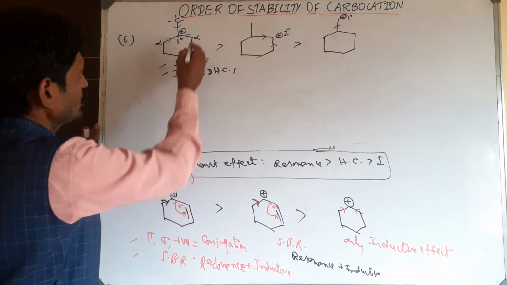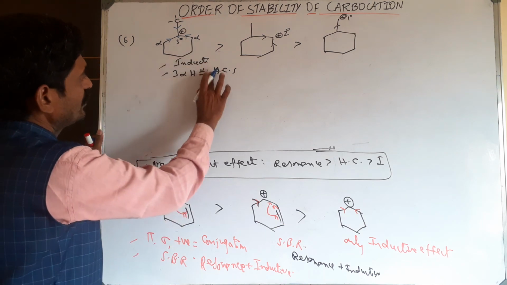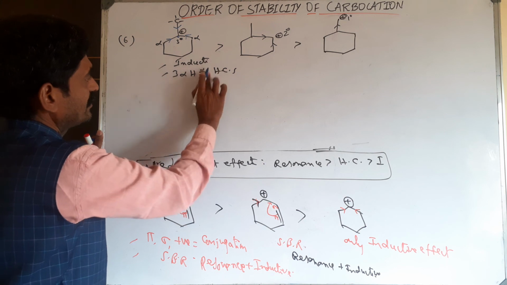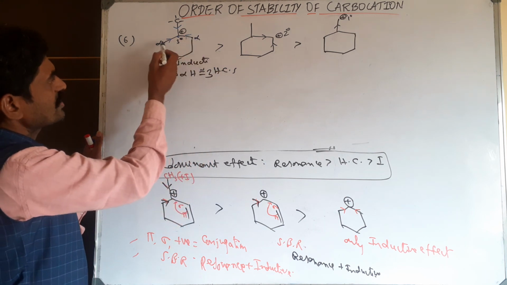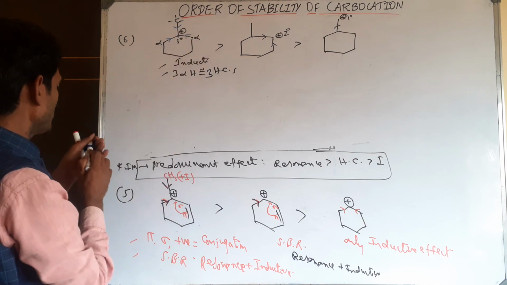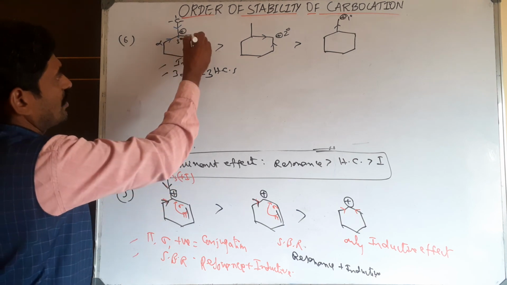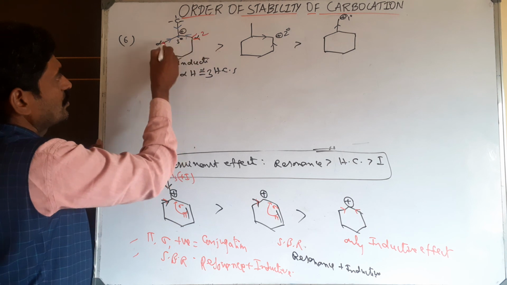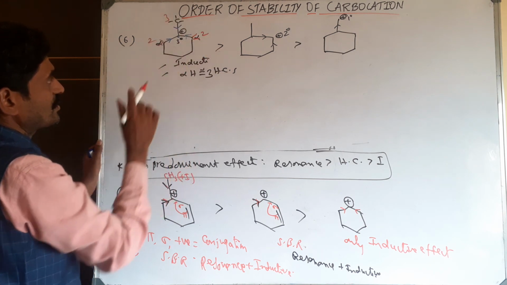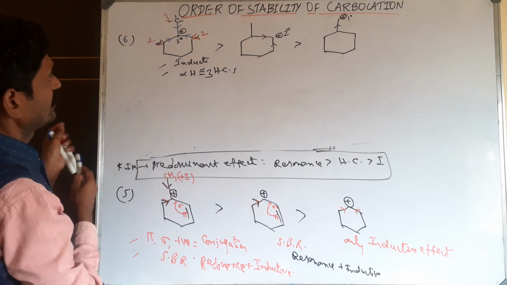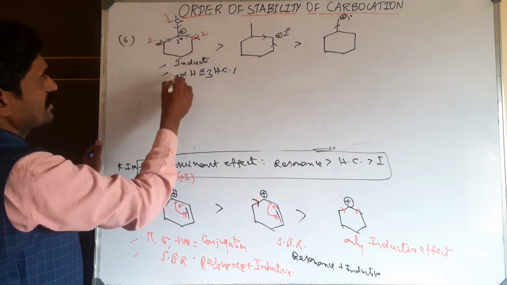Then come here. In this one, hyperconjugation, we will get 3 hyperconjugated structures. Also, this is alpha, this is also alpha. Here 2 alpha hydrogens are available, here also 2 alpha hydrogens are available, and here 3 are available. Totally, 2 plus 2 is 4, plus 3, 7 alpha hydrogens.